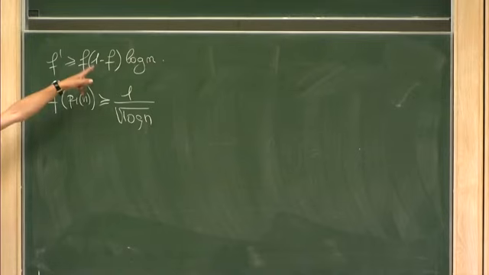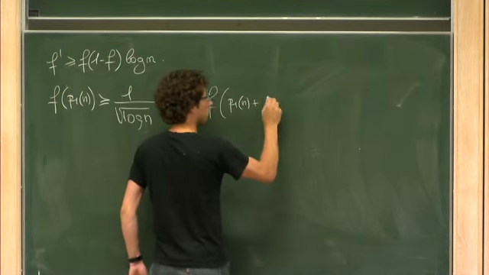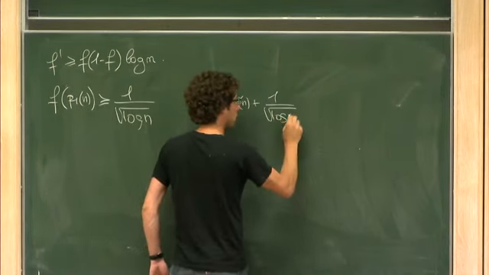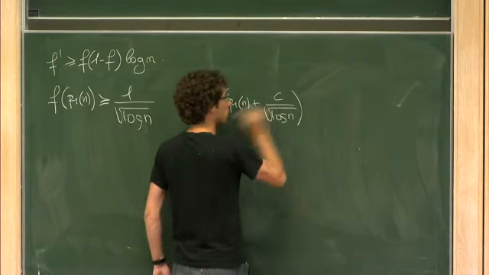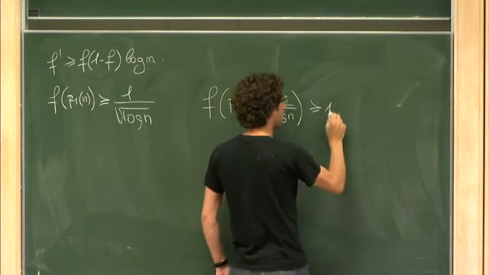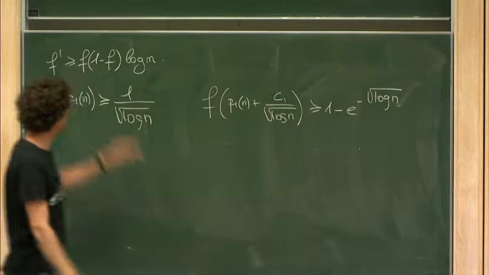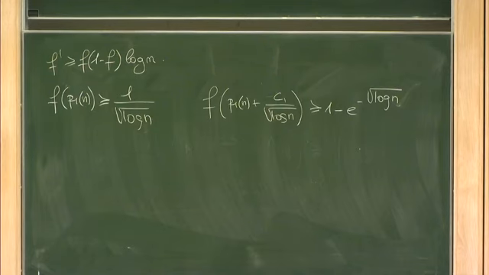If you have this bound, then at p1 of n plus 1 over square root log n, or maybe constant 1 divided by square root log n, this thing has to be larger than this thing. I let you integrate out this thing, but that's what you would get.